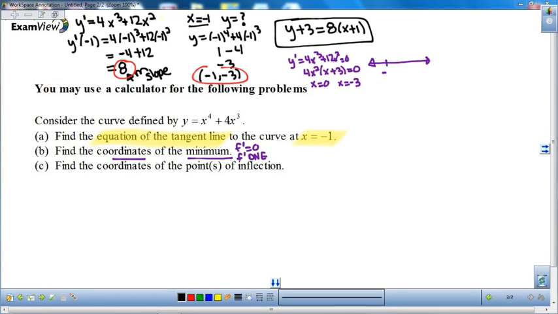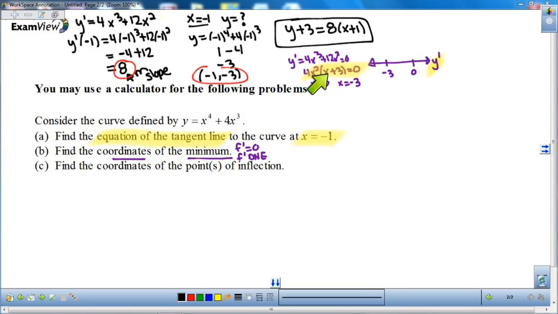So I'm just going to check -3 and 0. And I'm checking the sign of my derivative because I want to see where my derivative slopes are positive and where they're negative. So to the left of -3, I'm going to check -4. So at -4, the 4x squared is always going to be positive no matter what number I put.